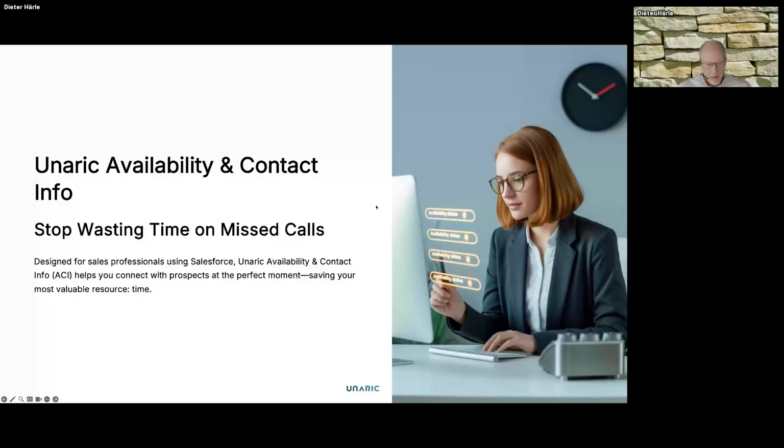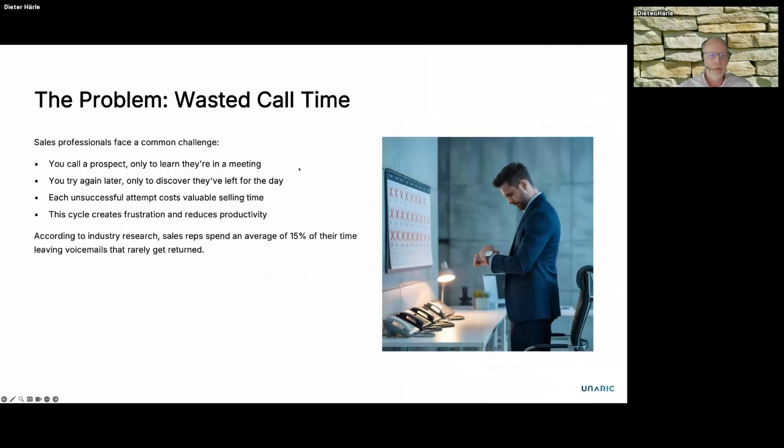Okay, and here we have the first presentation of a product which is released soon. Also related to Teams, but something completely different. Availability and contact info allows you to see who is available.